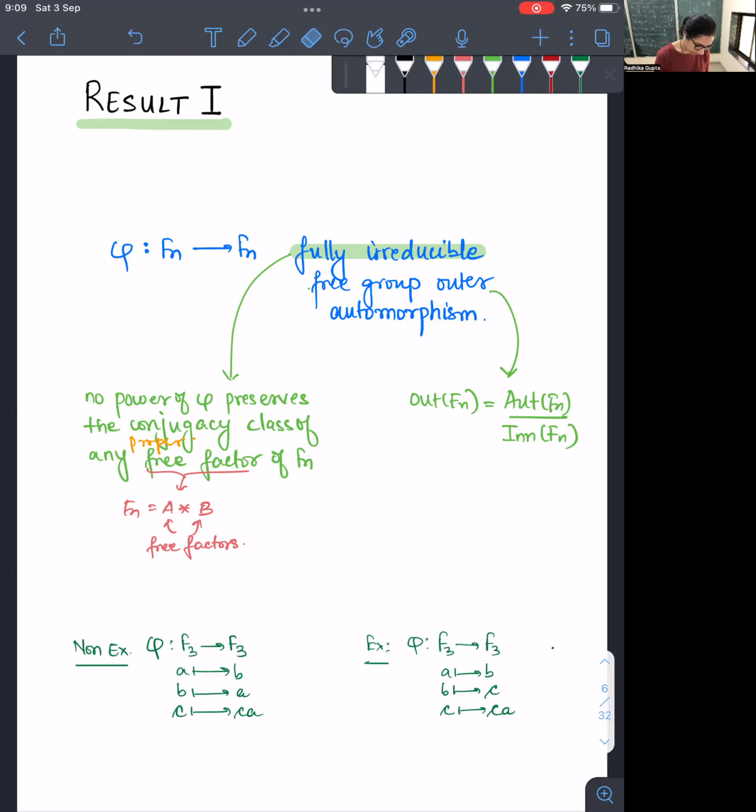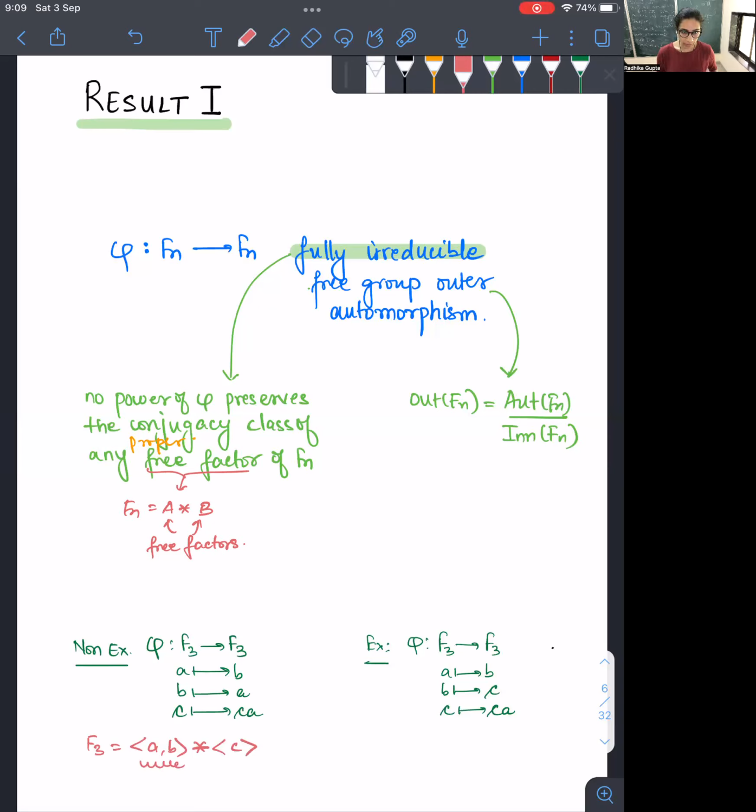So here are two examples. Here's a non-example and an example. In the first case, I'm sending A to B and B to A, which means that this free factor generated by A and B is preserved, because I can write my free group as the rank 2 subgroup free product C, and then under my automorphism, the AB subgroup is preserved.